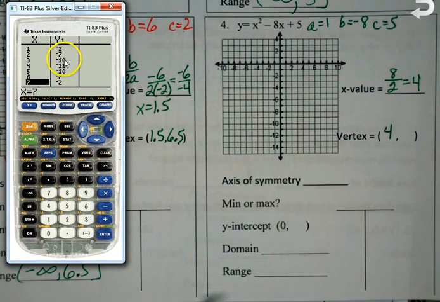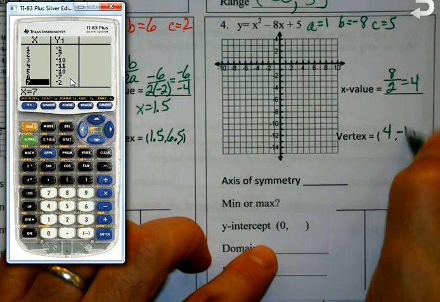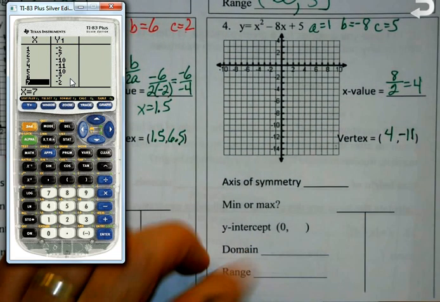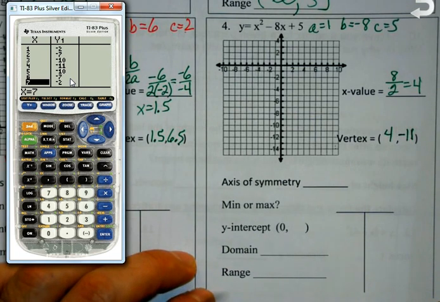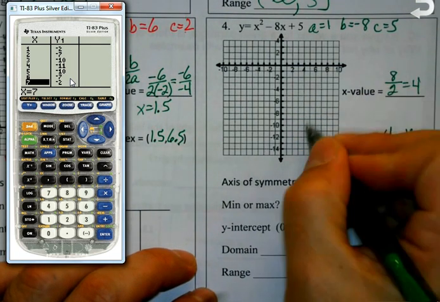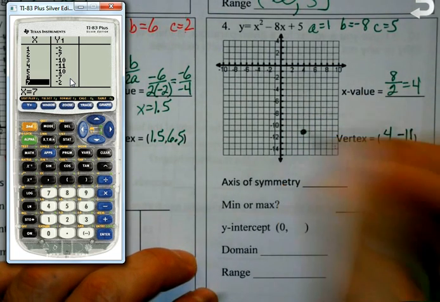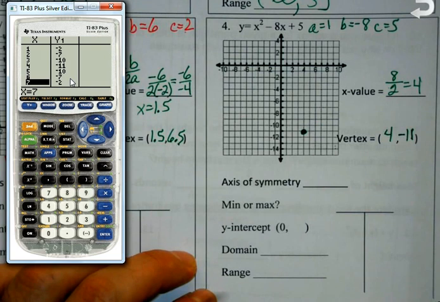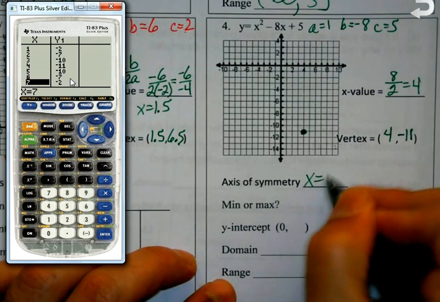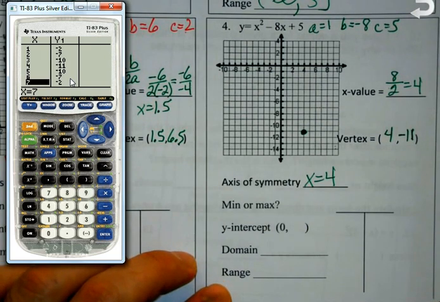Because look, I see symmetry. I could still plug it in somewhere if I wanted to double check. But to me, that looks like the center. 4, -11. Gives me my axis of symmetry at x equals 4. And then I'd just use the calculator.